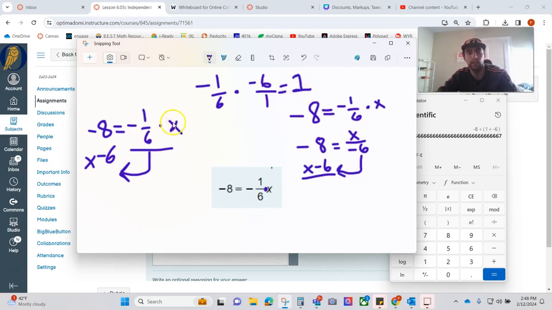And then 1 times anything is just itself, making it disappear. So, kind of confusing. Okay, so both negative 8 times negative 6.